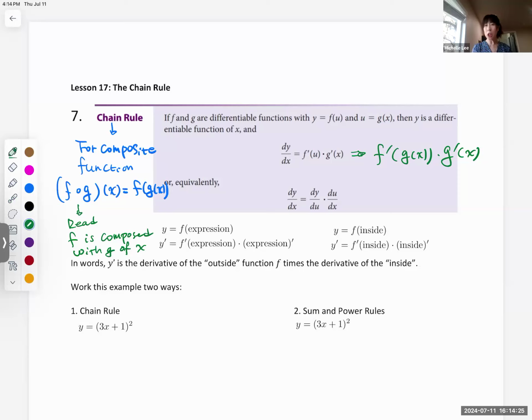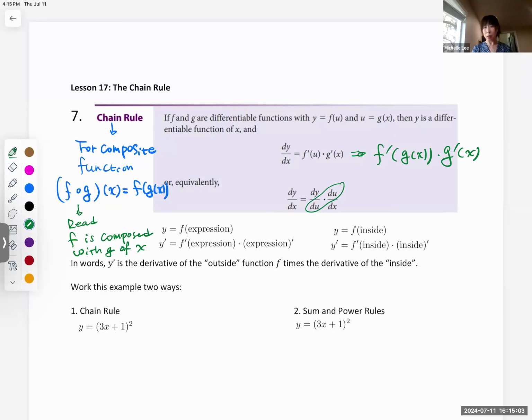It means outer function first, or the outside function first: we take the derivative of the outside function, then the inner function. We take the derivative of the inner function, but we have to keep the inside when we take the derivative of the outside function, all right? Equivalently, we have this notation too, dy over dx equals dy over du times du over dx, right?